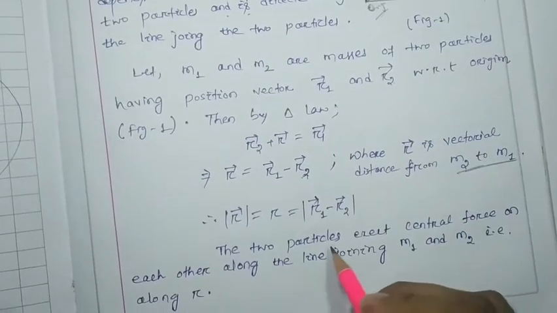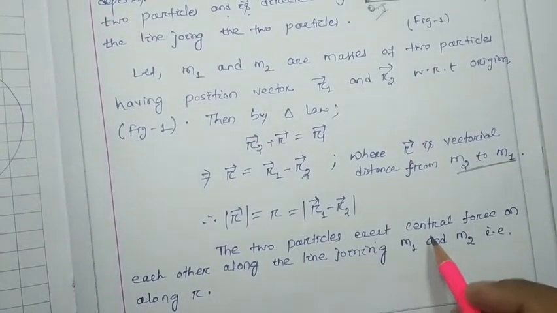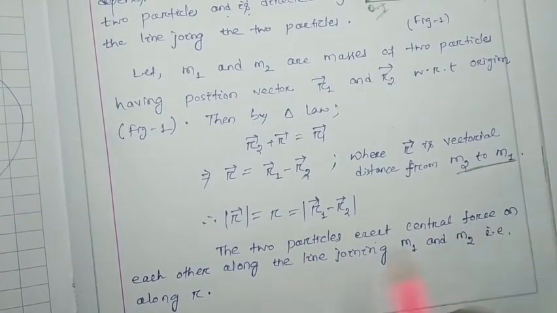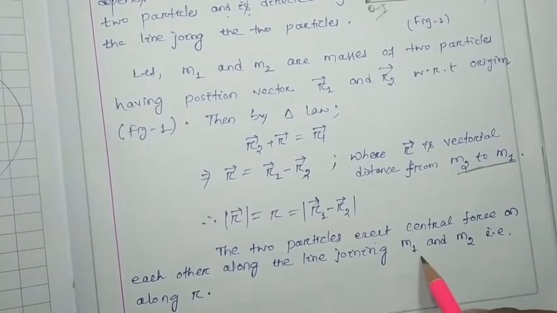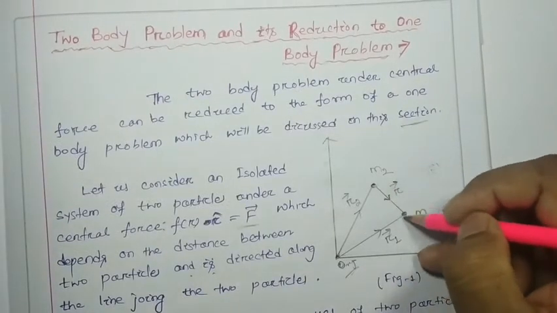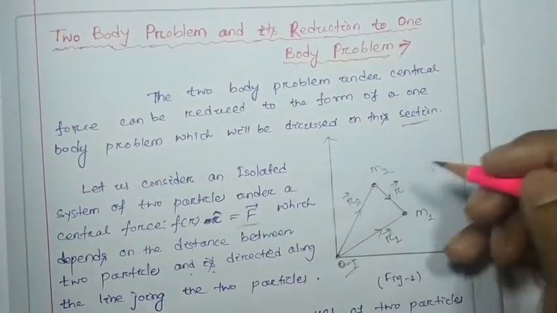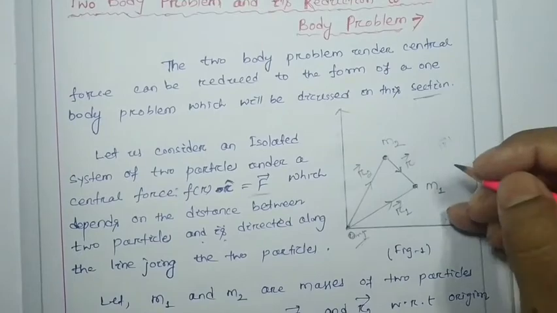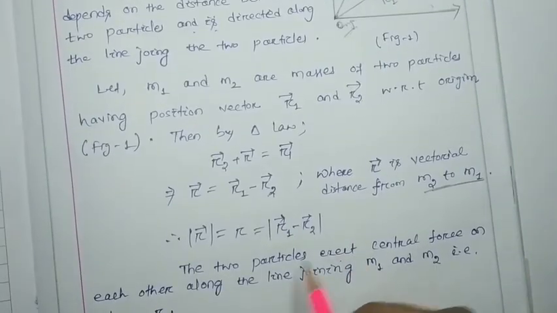The two particles exert central force on each other along the line joining m1 and m2, that is along r. So along this line, the central force is exerted.